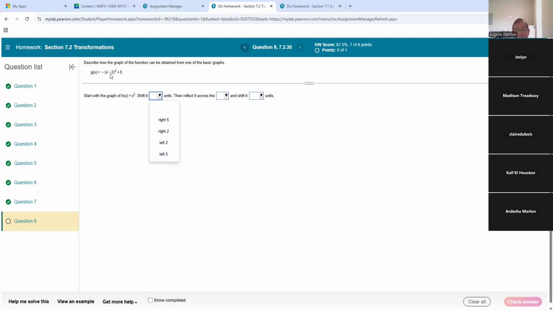So since that 2 is negative, since you're subtracting 2 inside the parentheses, now y'all watch out, you only got 4 choices. It's either right 5, right 2, left 2, or left 5. When you subtract 2 from the x inside the parentheses, subtracting 2 is going to move me right 2, okay?